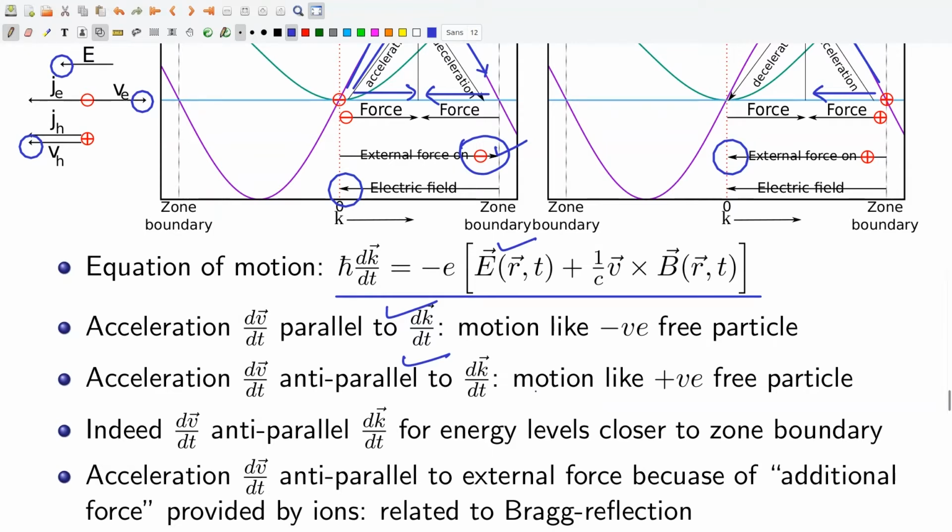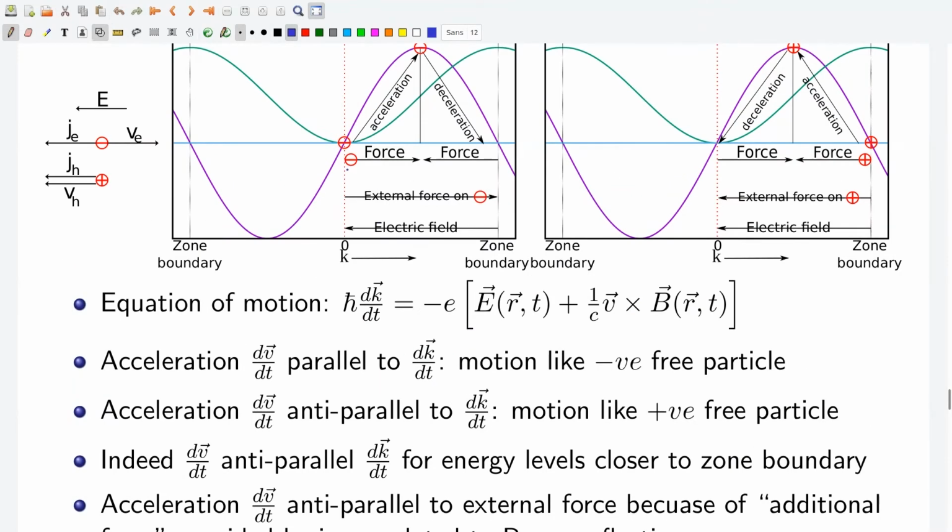In reality, acceleration of electrons is antiparallel to the external force because the lattice provides some additional force which is related to the Bragg reflection.